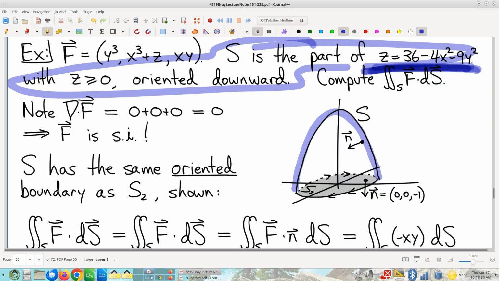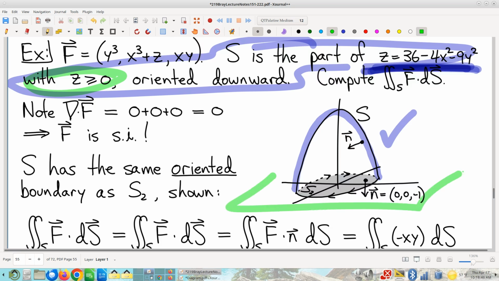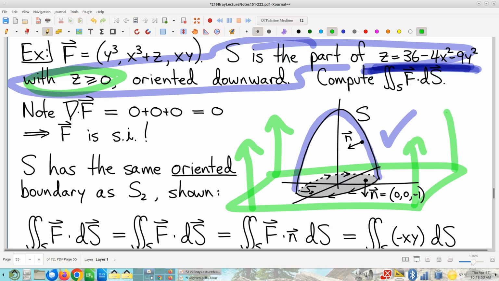Take your pick. So we know that looks approximately like this. Make sure you can do that. We are, of course, only looking at the part where z is greater than or equal to 0, so just the part that's above the xy plane, like so, and that's why we stop it there. So that's what our surface is.